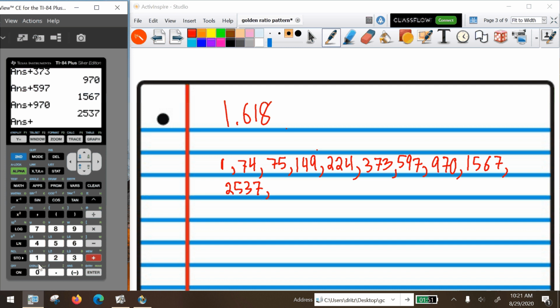To that, I'm adding 1567. 4104. 6641. 10745. And I'm getting tired of doing this. I'm sure you are too. And I'm going to stop right now. 17386.